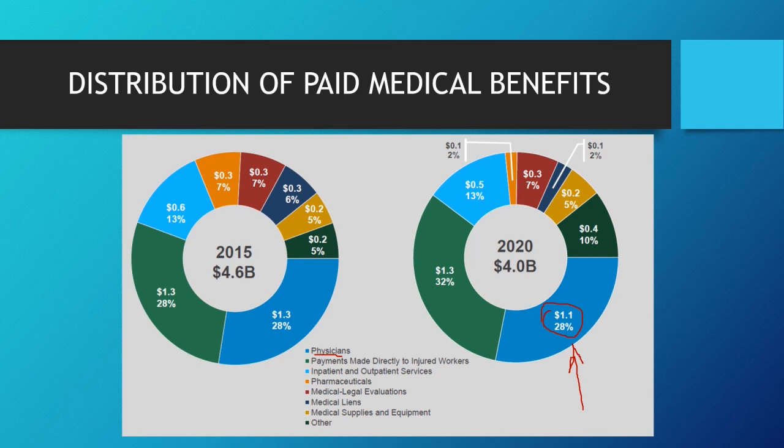Interestingly, for our purposes, here in red, you'll notice that medical legal evaluations account for about 7% of all medical costs paid, to the tune of roughly $0.3 billion, or approximately $333 million dollars paid to resolve disputed issues in the California workers' compensation system.